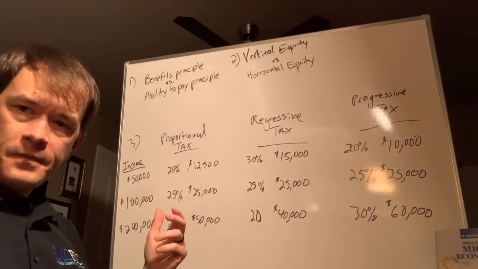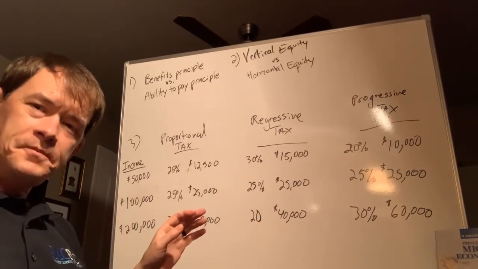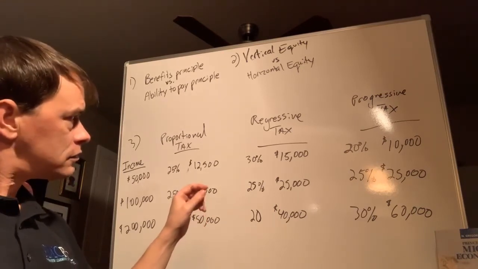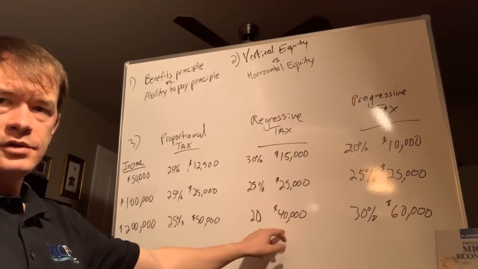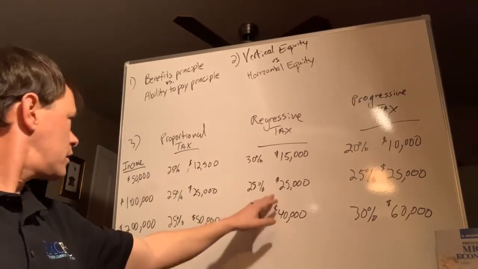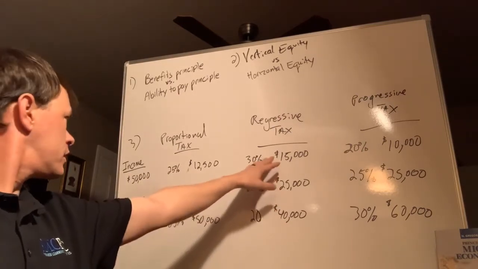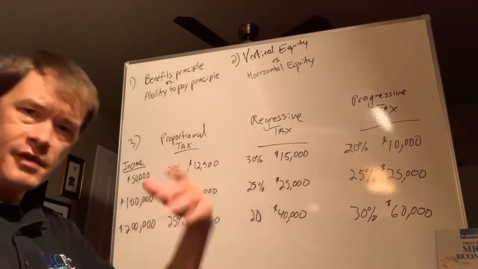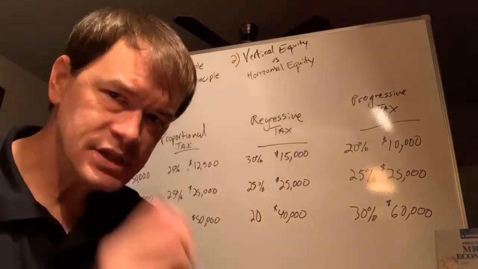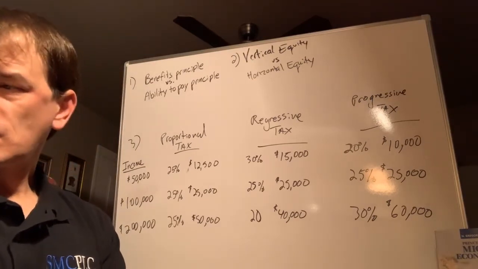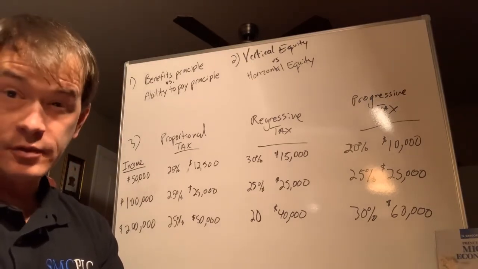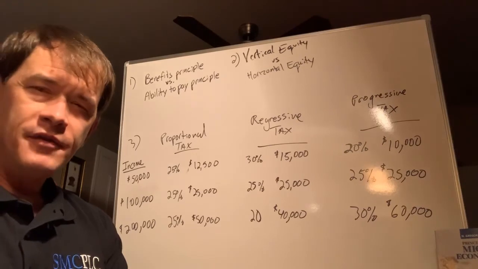Now, this one's a little more sticky, okay? Because you're like, well, the person earning 50 is paying less than the person earning 200. All right, and the person earning 100 is paying more than the person earning 50. So technically, the ability to pay, check, but the benefits principle is a little more murky. What about vertical equity? Think about if you're earning less money.